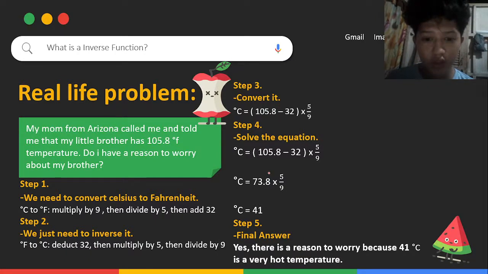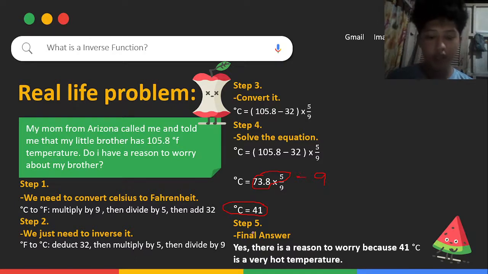The next step in the equation is we multiply the 73.8 by 5 and divide it by 9. That's why we got 41 Celsius.